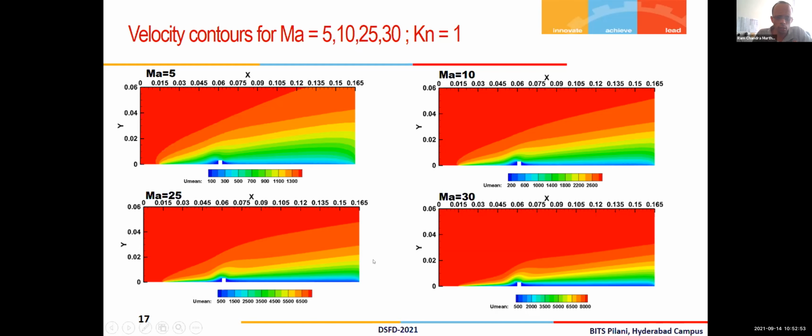Here the U mean is 1300 and the last figure has a peak velocity of 8000. As the Mach number increases, the effects of the wall are not felt very far away. They're constrained close to the wall, whereas for low Mach numbers, the effect of the wall is felt at larger distances.